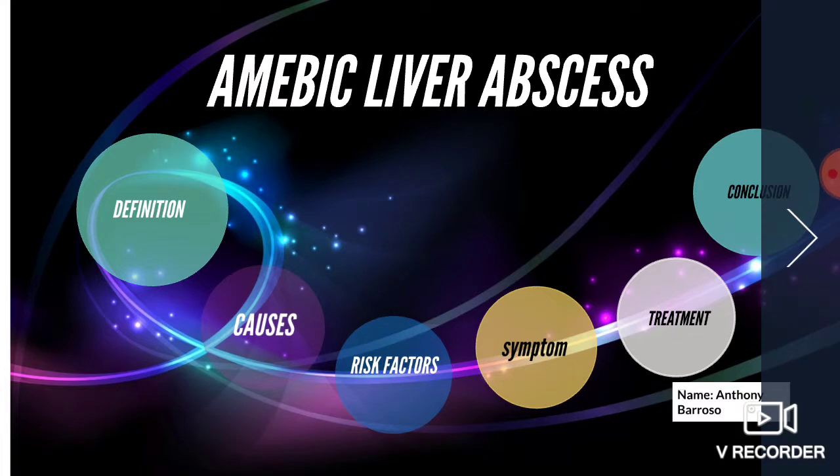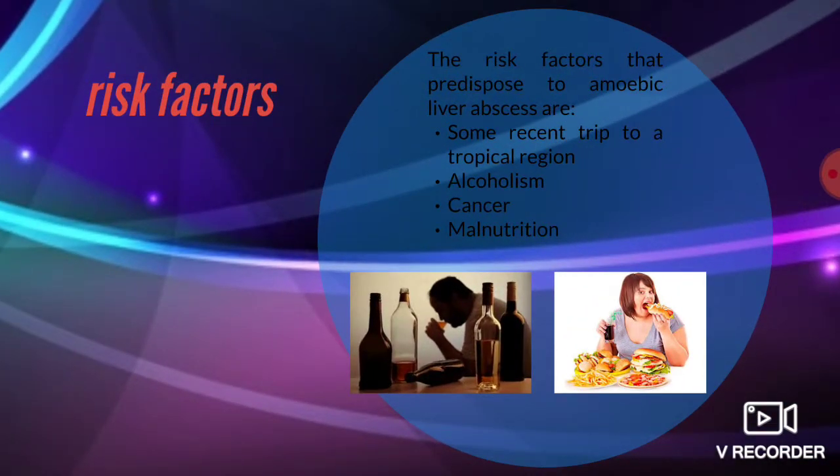Risk factors. The risk factors that predispose to amoebic liver abscess are recent travel to a tropical region, alcoholism, cancer, and malnutrition.